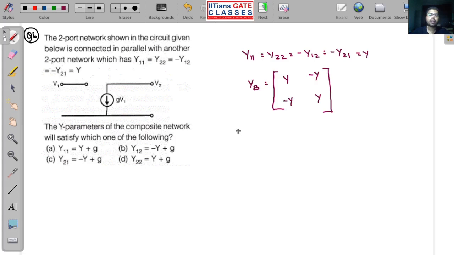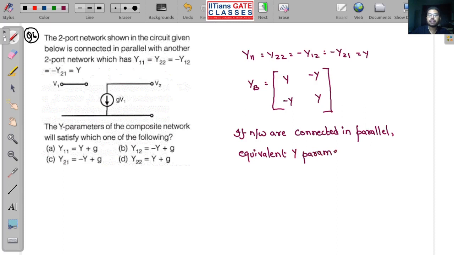So we know if networks are connected in parallel, then the equivalent y parameter is just the addition of the individual networks.